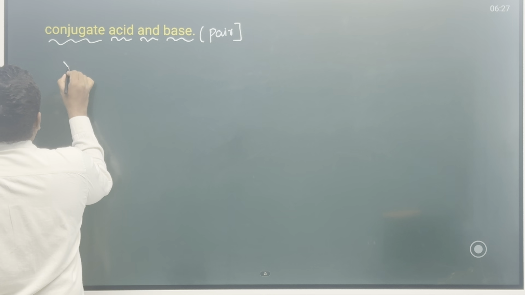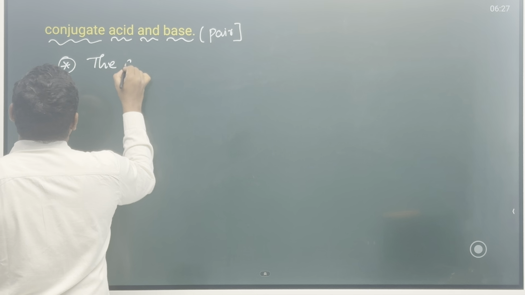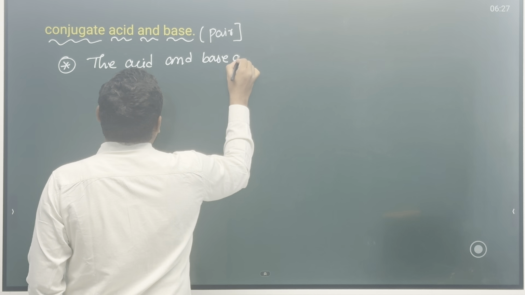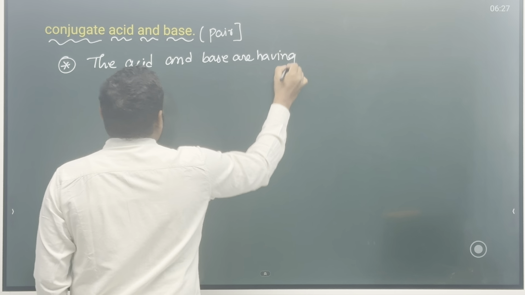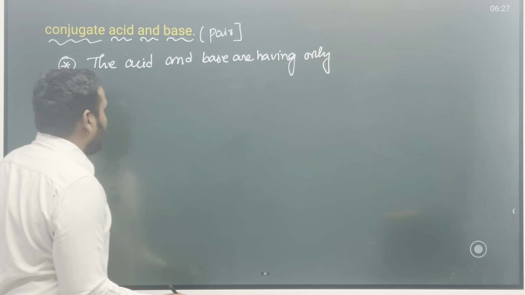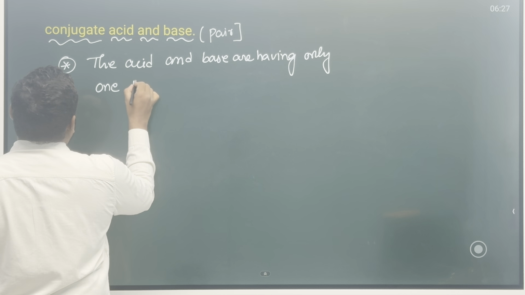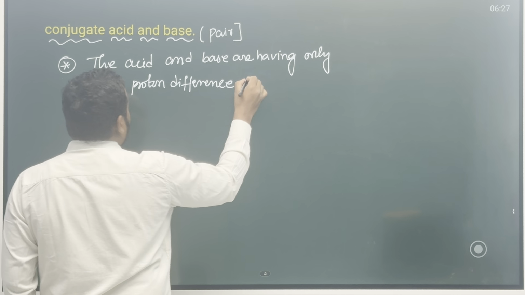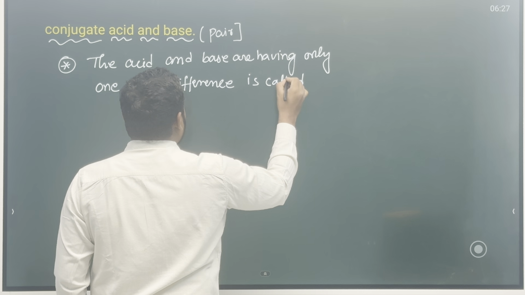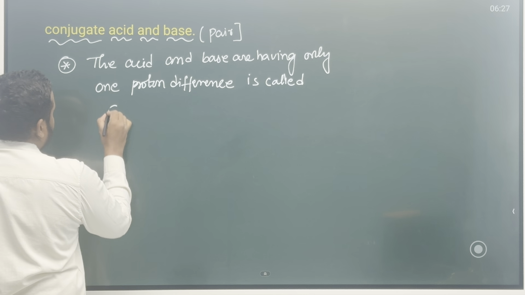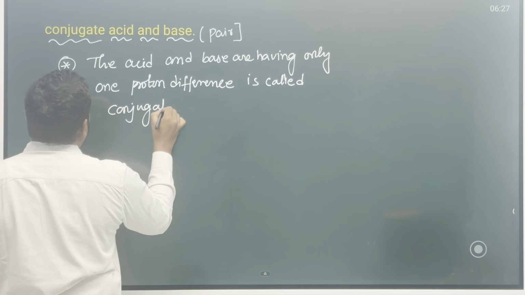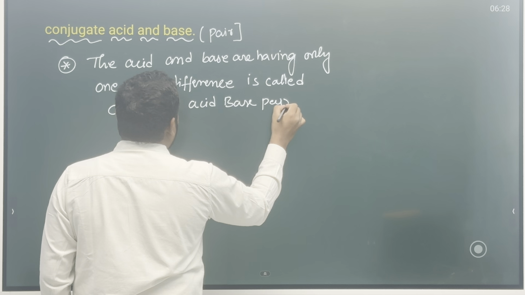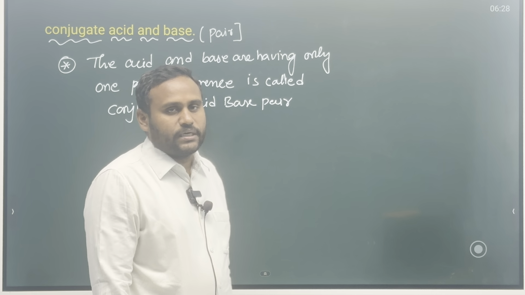So see here, the acid and base having only one proton difference is called a conjugate acid base pair. Okay. So now let us see how to understand this conjugate acid base pair.